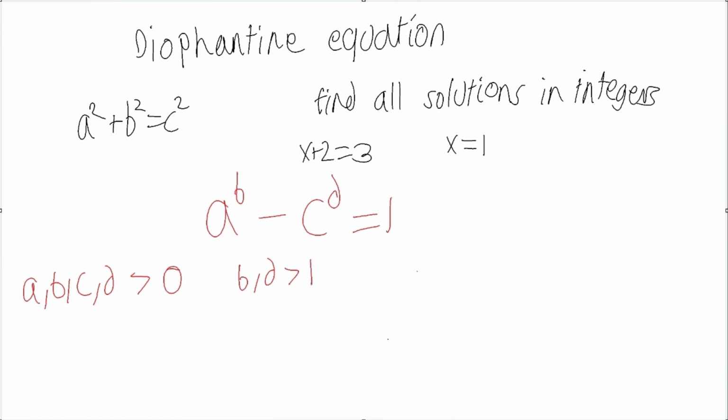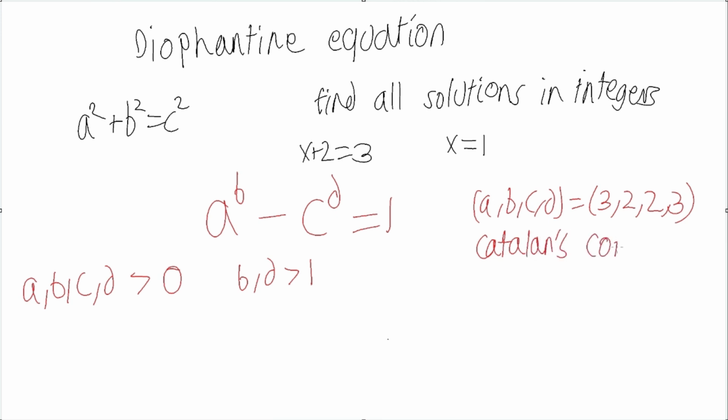As it turns out, the only solution is (a, b, c, d) = (3, 2, 2, 3), because 3 squared minus 2 cubed is equal to 1. And this was only proven 25 years ago. This is known as Catalan's conjecture.